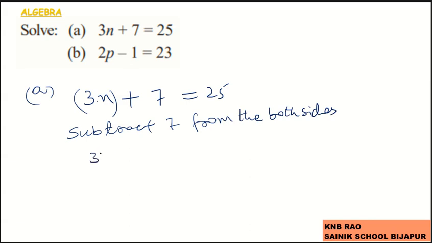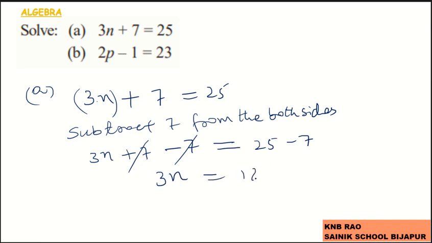So, 3n plus 7, from that I am subtracting 7, and from right hand side I also have subtracted 7. So, equality remains as it is. You know this plus 7 minus 7 get cancels, 3 into n equals to 25 minus 7 is 18. Now, here 3 into n, so 3 is multiplied to the variable n.